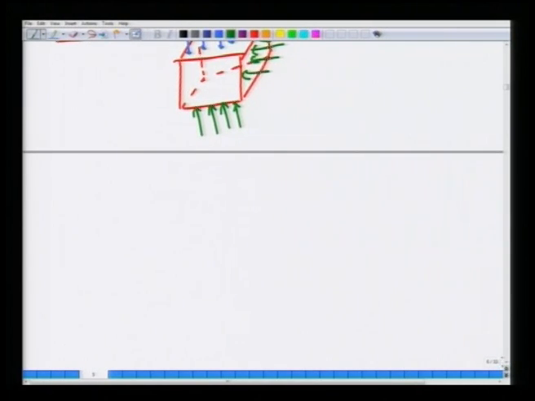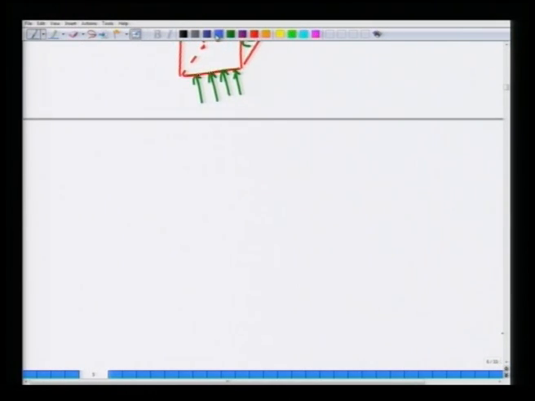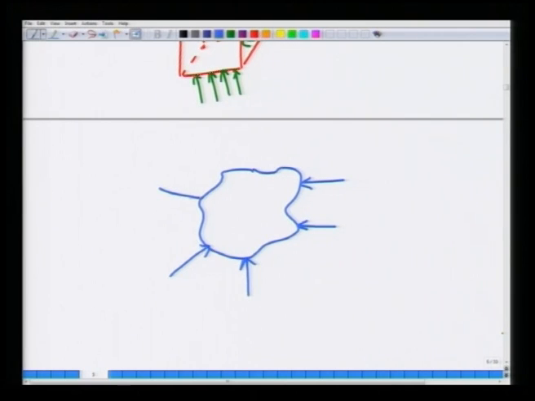But this is true for any volume element, because the shape of the volume can be as arbitrary as you please. Even in this complicated volume element, the forces will be acting purely normal at each and every point on the surface of this volume element, because by definition in a static fluid, if you construct an arbitrary volume element, the forces have to be purely normal, because at each and every point in the fluid there cannot be any tangential stress.